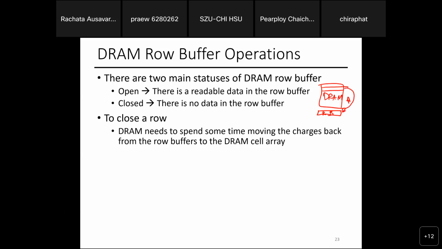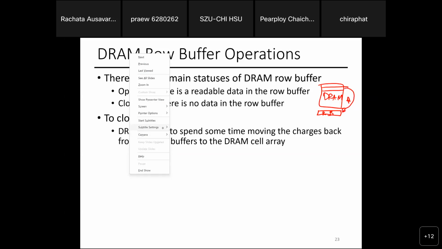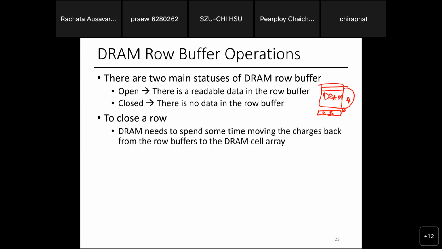And then suddenly I have another address that I want to read, from row B. What do you have to do? The first thing I have to do is put the row A data in the row buffer back to row A. Then switch in row B.